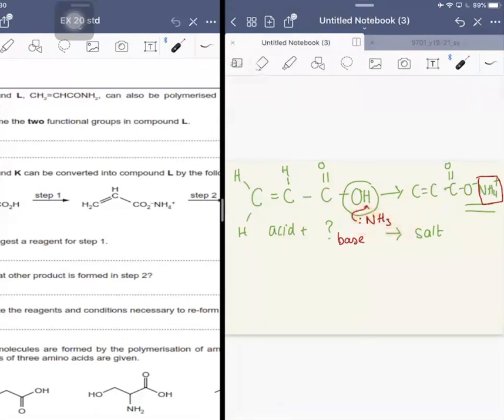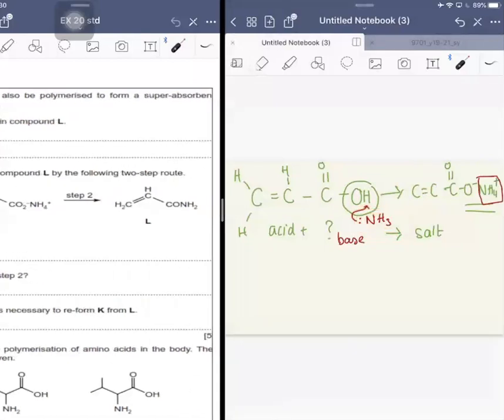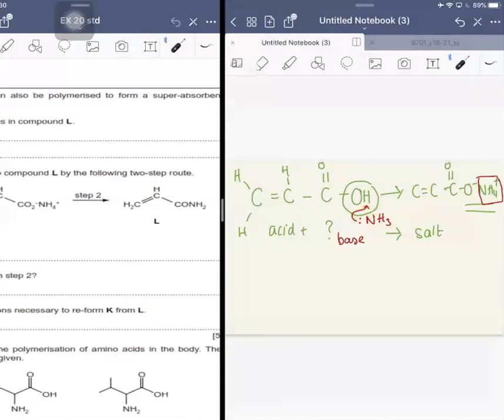What other product is formed in step 2? Now in step 2, what you have is a COONH4, and then you form an amide.